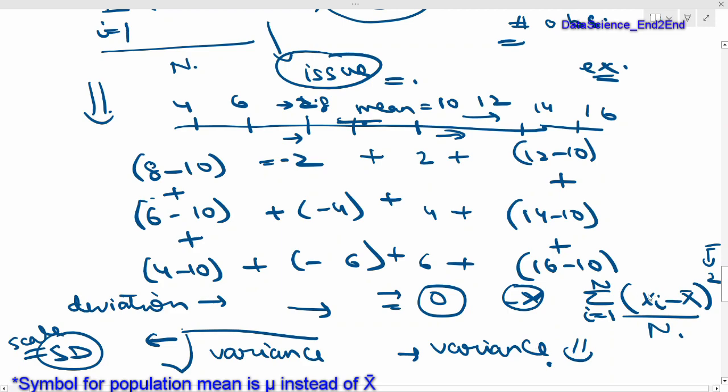This will give you the variance. Since we calculated variance by squaring, we take the square root of variance to get the standard deviation. The symbol for variance is sigma squared, while for standard deviation it is just sigma, excluding the square.